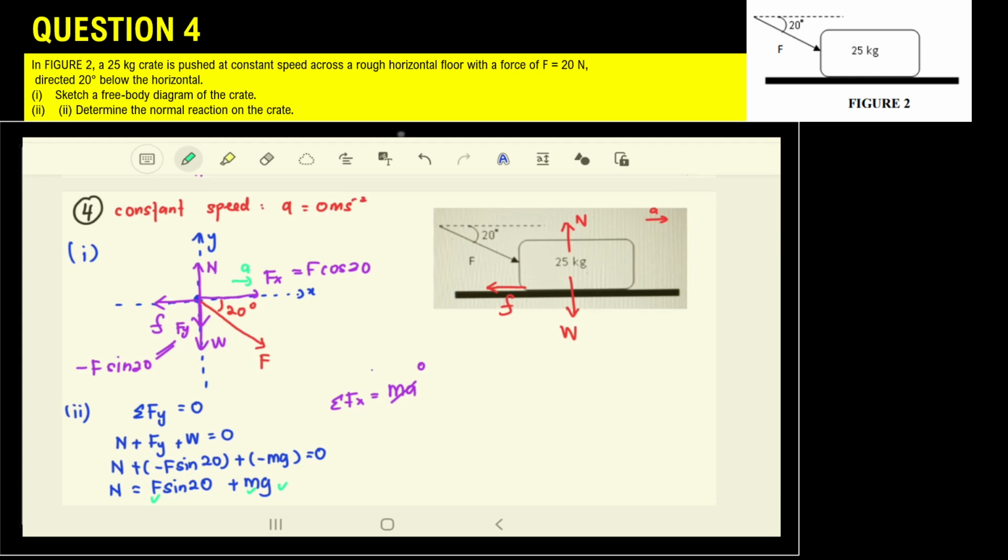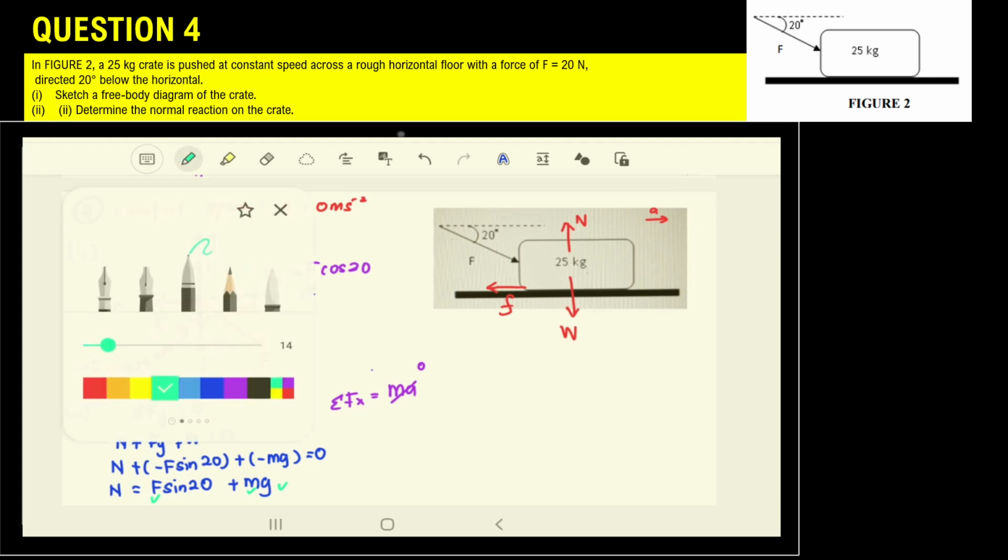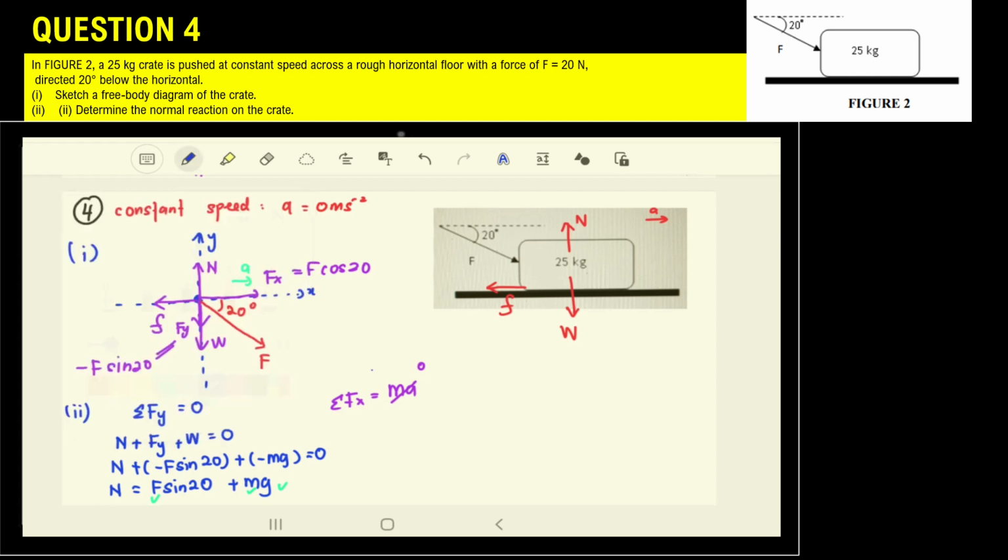So we can directly calculate our normal force: N equals 20 sin 20 plus 25 times 9.81, and the answer is 252.1, or 252.09 Newton. Okay, this is the answer.